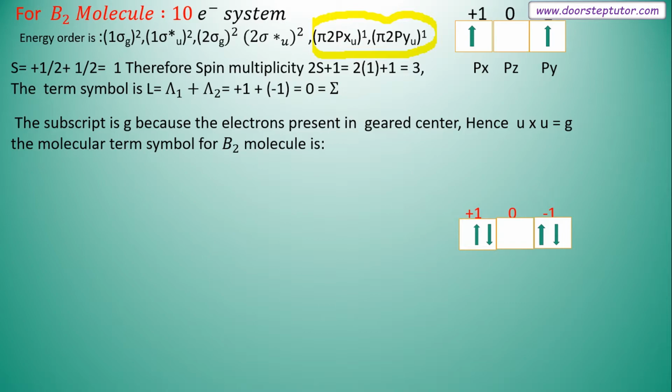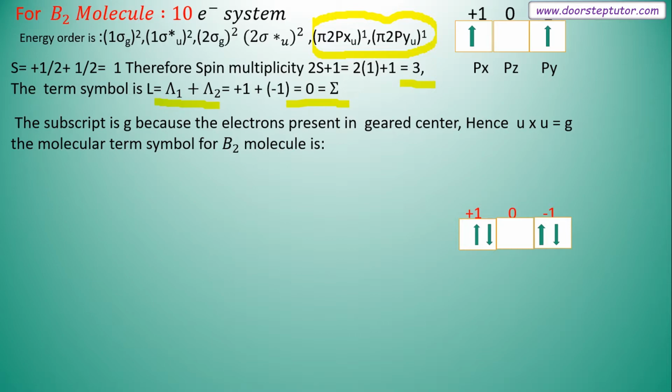Therefore the L value is the sum of the orbital angular momentum of the different orbitals, 1 plus 1 and minus 1, which is equal to 0. Then the term symbol is sigma. For the spin multiplicity, the spins are plus half and plus half, so S is 1, and 2 into 1 plus 1 is equal to 3. So the term symbol is sigma and the spin multiplicity value is 3.